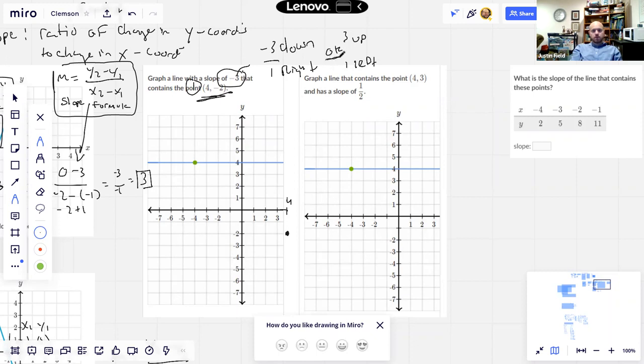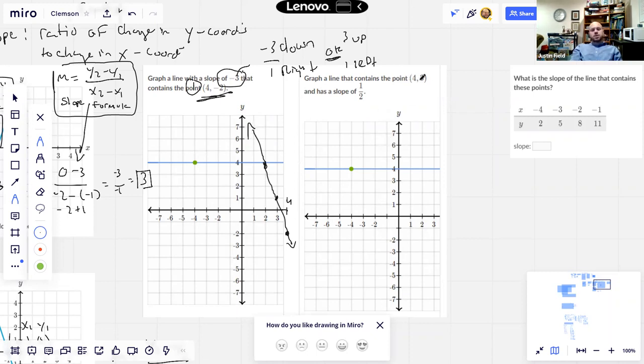Okay, so I can't actually go right because I'll be off the graph. So I'm going to go up 3, 1, 2, 3, and left 1. And I could do it again. 1, 2, 3, and left 1. And you see, we have our straight line. Amazing. And then we just draw it all the way.